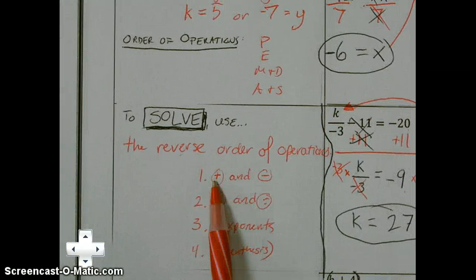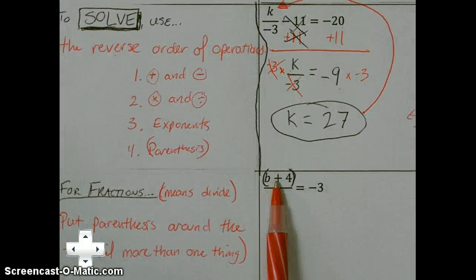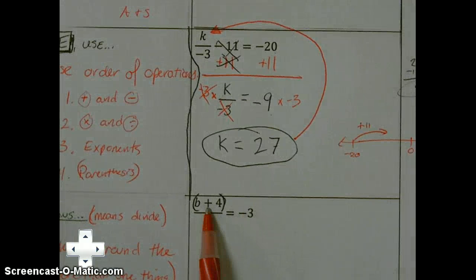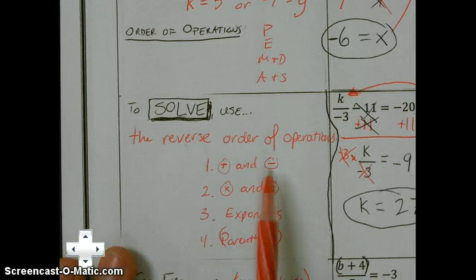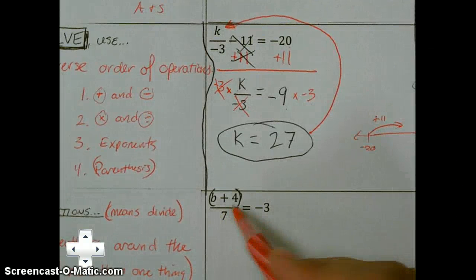So when we do our reverse order of operations, we do the adding and subtracting first. But we can't do that adding. Why not? Because it's in the parentheses, right? So we need to worry about the next step, which is times and dividing. We don't have any adding and subtracting outside. That's a parenthesis. So we worry about the divide by 7.